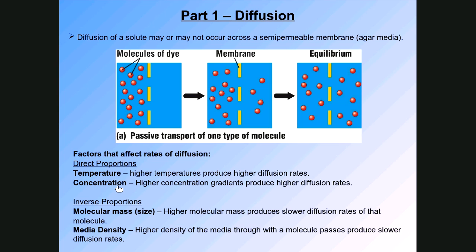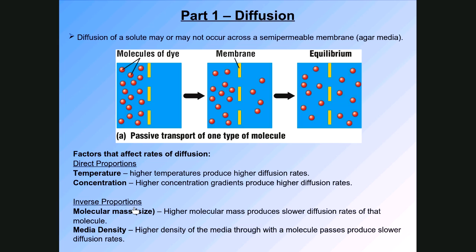Likewise, the concentration gradient, the greater the difference in the concentration gradient. So where it says high concentration gradients, they're saying whenever we have a greater difference in concentration between two solutions across a membrane, the greater the rate of diffusion. The greater the rate of solutes that will move across the membrane and how fast they'll move will be higher. So diffusion rate is higher.